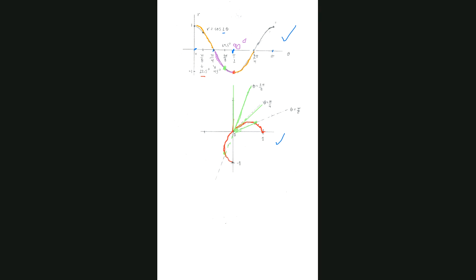The radius is two things. When theta goes from 90 degrees to 135 degrees, is the radius increasing or decreasing?